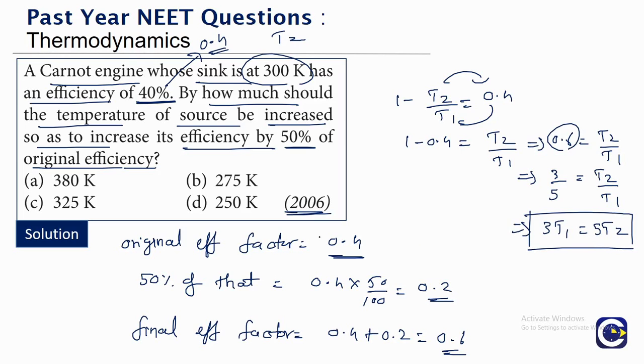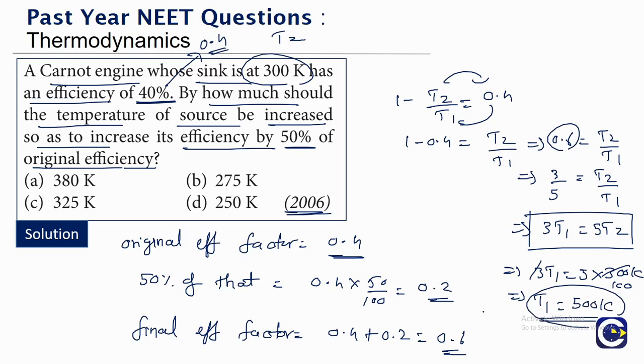And here, what is the temperature that we have for the sink? T2 is given to us. T2 is 300. So from here we can find T1. 3 T1 is equal to 5 into T2, which is 300. So from here, 3 ones are 300s. What is the T1 value? 500 Kelvin.